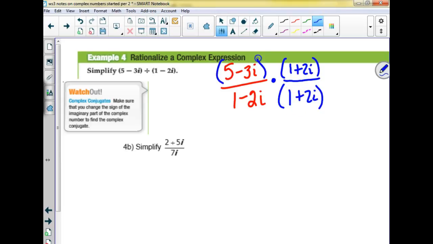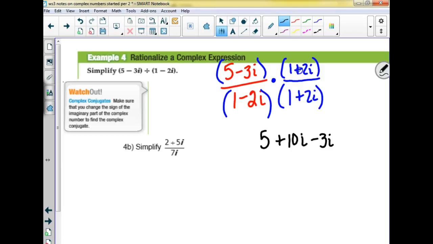All right. Now we have to do a lot of foiling. If you're really good at foiling here. 5 times, I'm doing the top, okay? 5 times 1 is 5. 5 times 2i is plus 10i. Negative 3i times 1 is negative 3i.